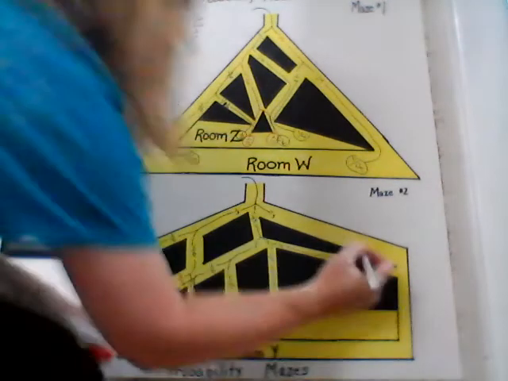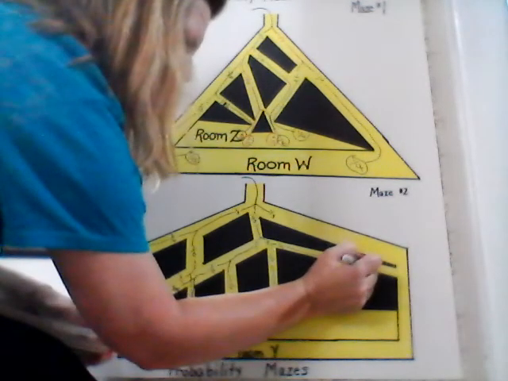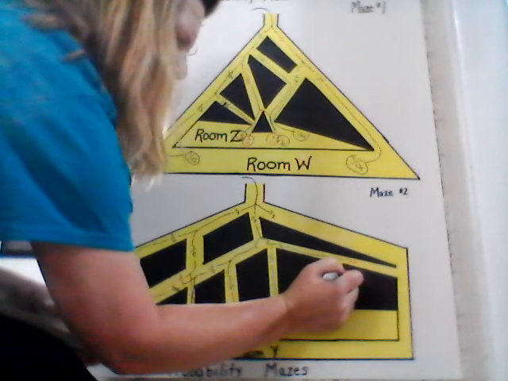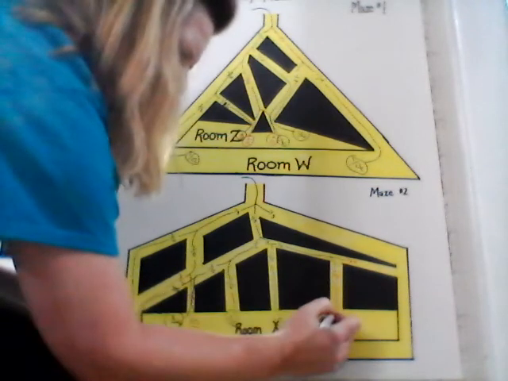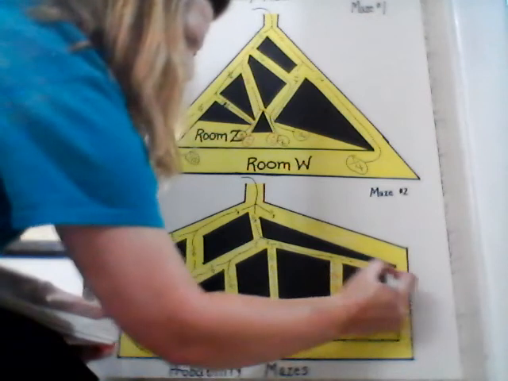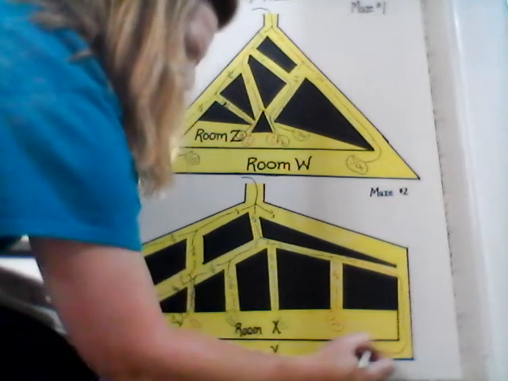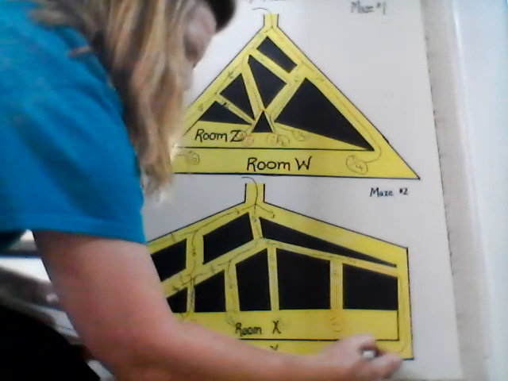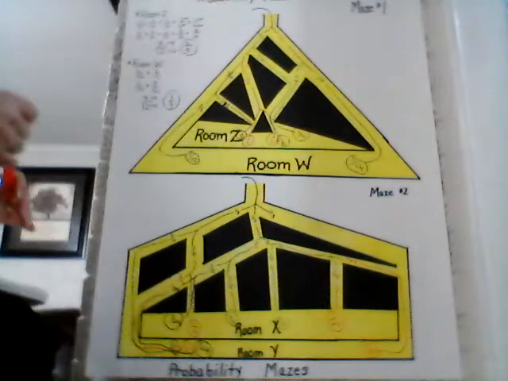When it splits, it's going to become a 1/24 and a 1/24. This 1/24 drops straight down into room X. This 1/24 is going to travel and stop in room Y.